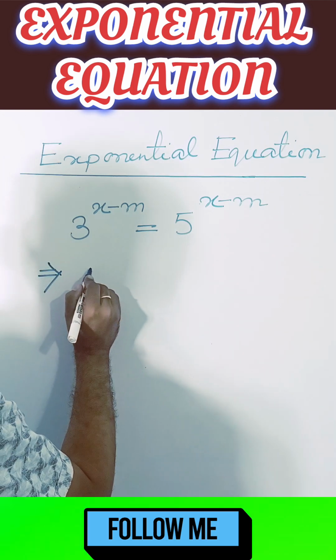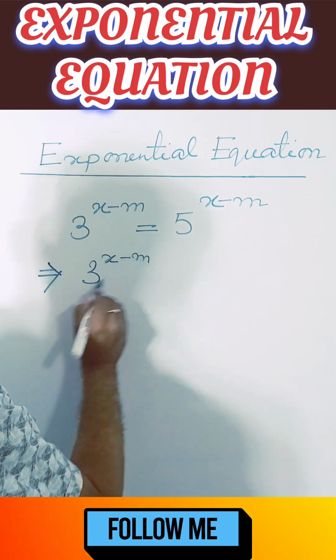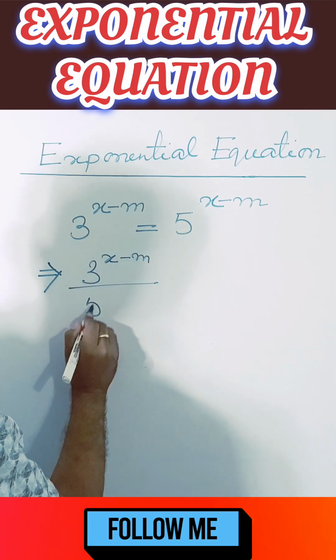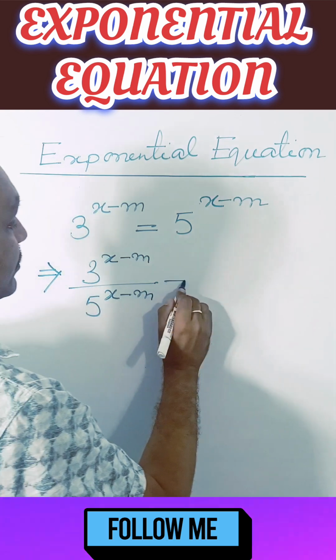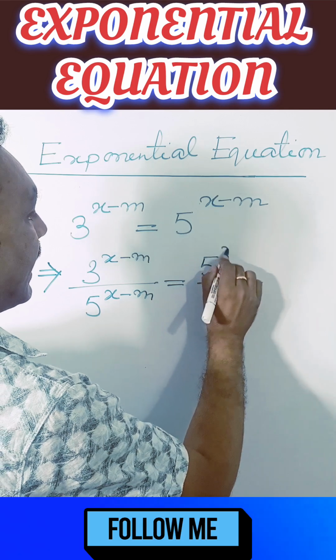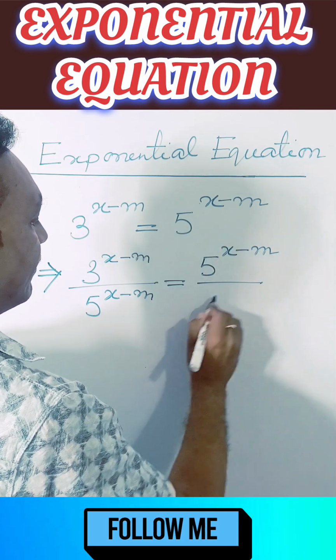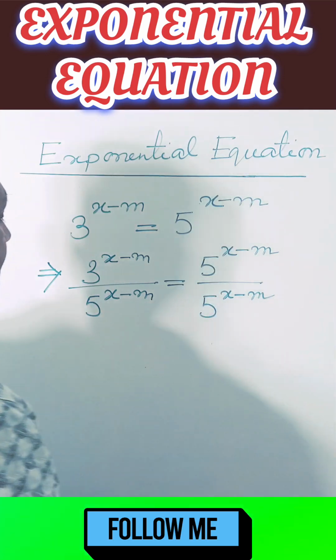So we can divide this equation on both sides by 5 raised to the power x minus m. I am dividing by 5 raised to x minus m, right?